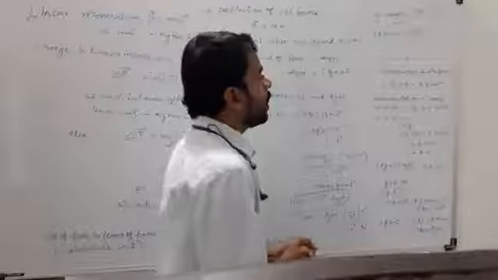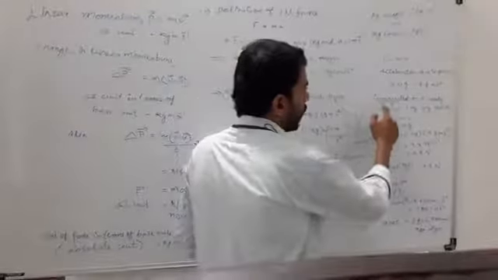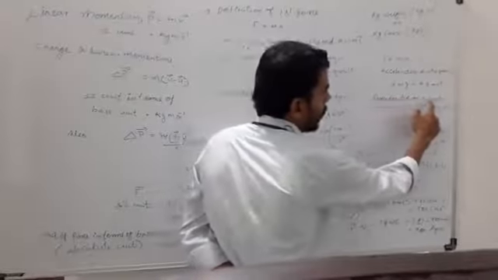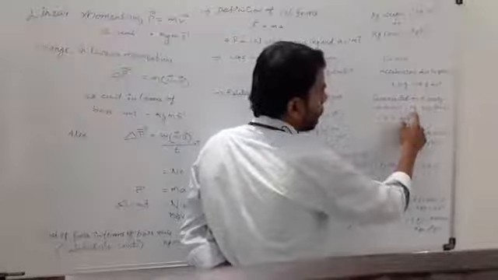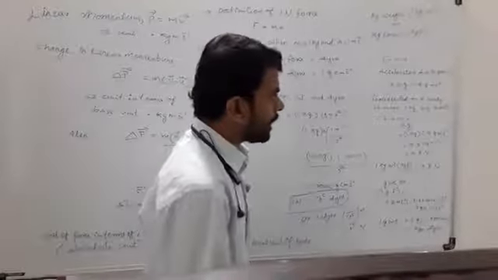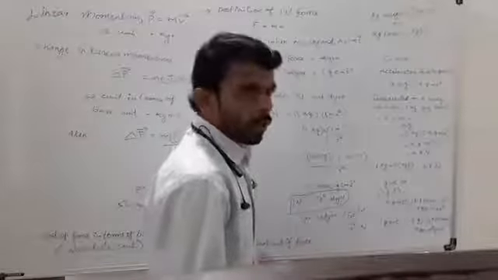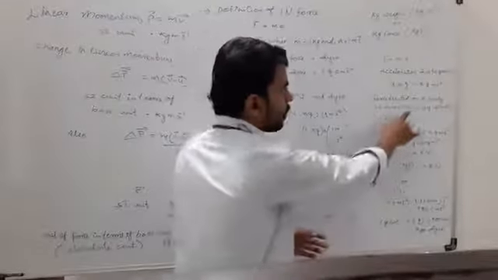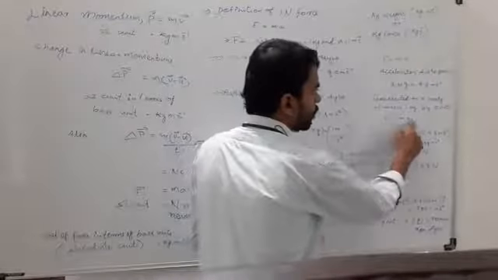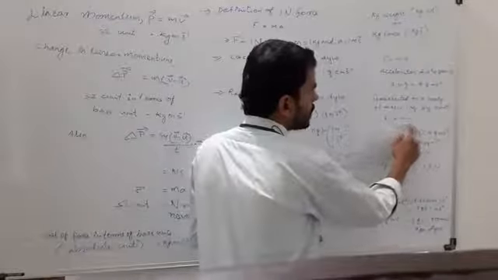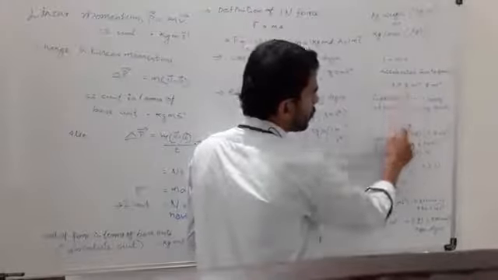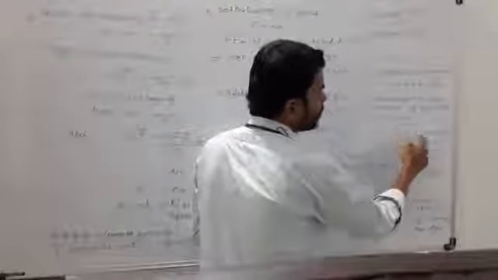I hope so. Now we are understanding the force exerted on a body of mass 1 kilogram by Earth. Force F is equal to ma. Here a is nothing but g, so we can write the force as mg.